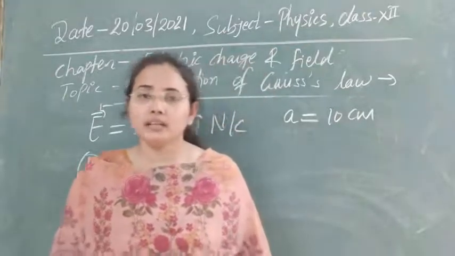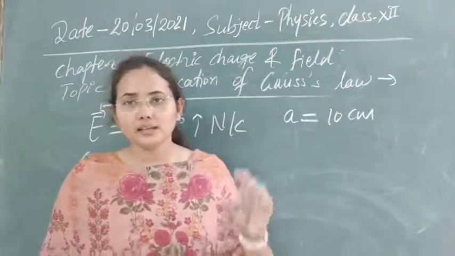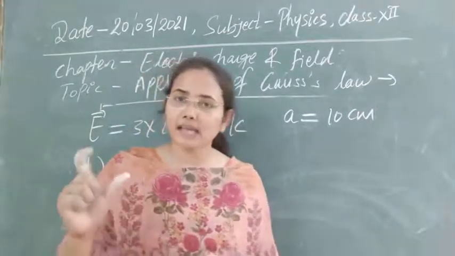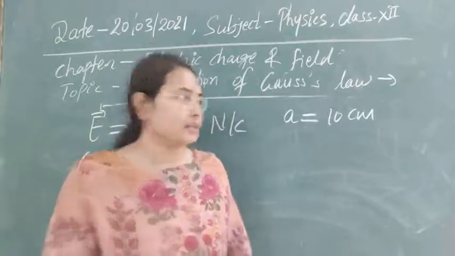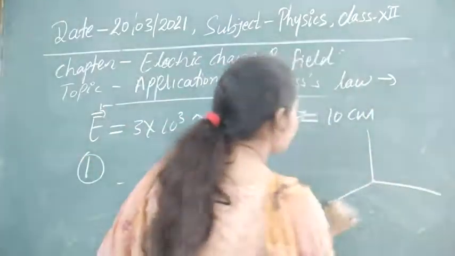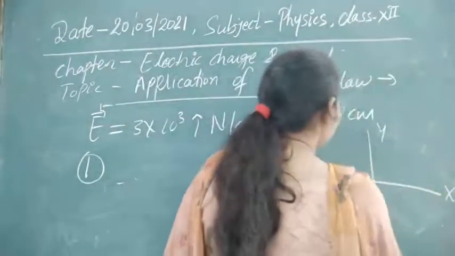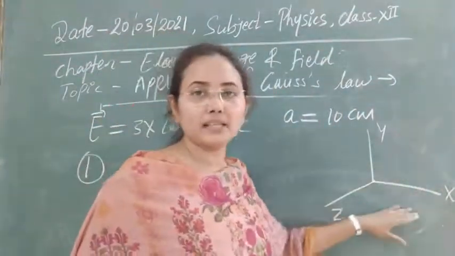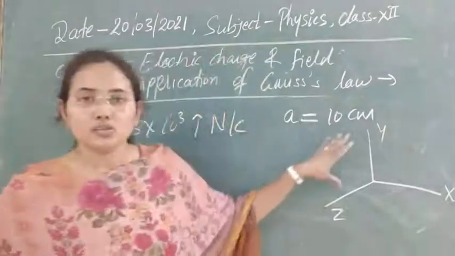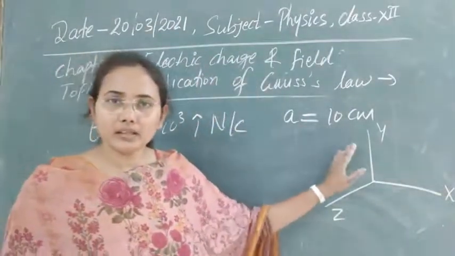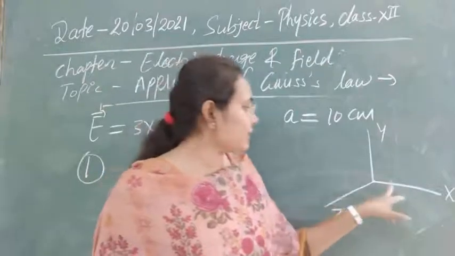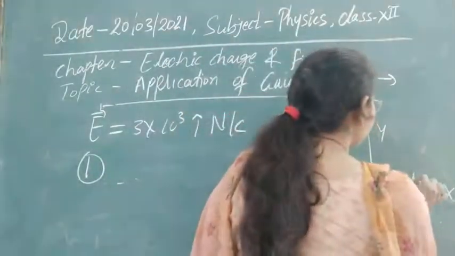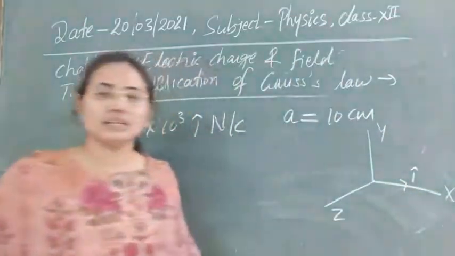Then the area vector is normal to the plane. The normal to the YZ plane is the X axis. This is X, this is Y, this is Z. This is the YZ plane, this is the XY plane, this is the ZX plane. The loop is in the YZ plane, so its direction will be along the x-axis, and the unit vector we use to represent it is i.